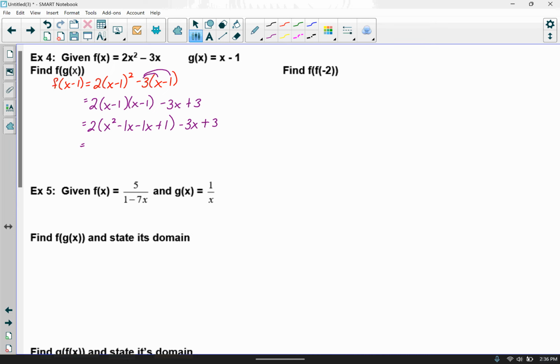I'll combine like terms. Distribute. Try again. Minus plus 2.